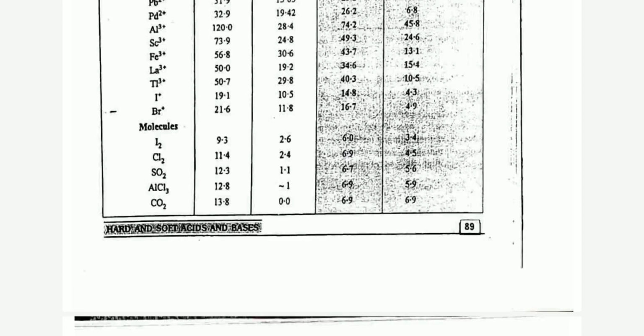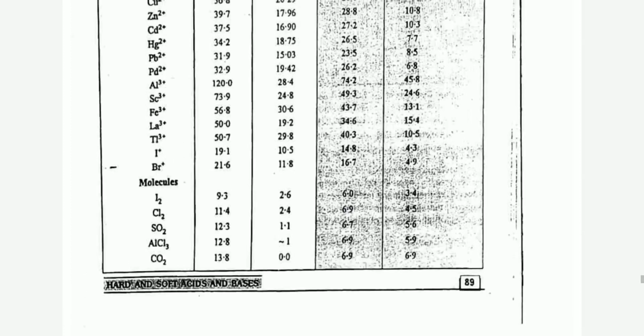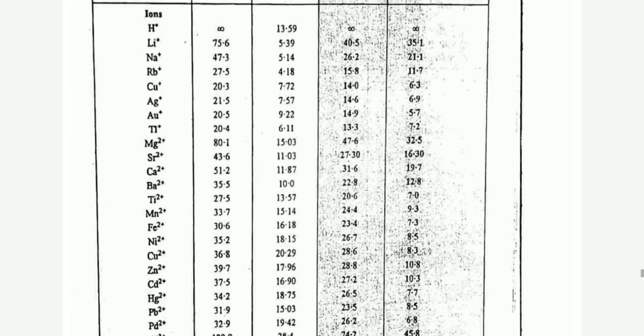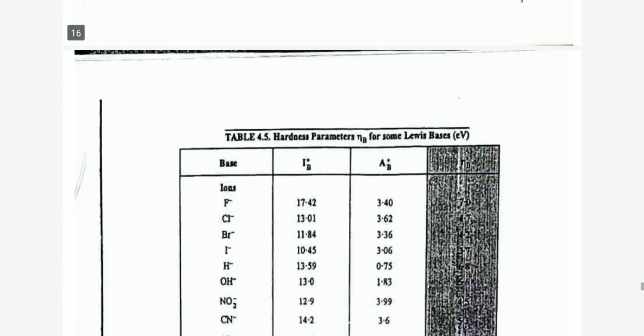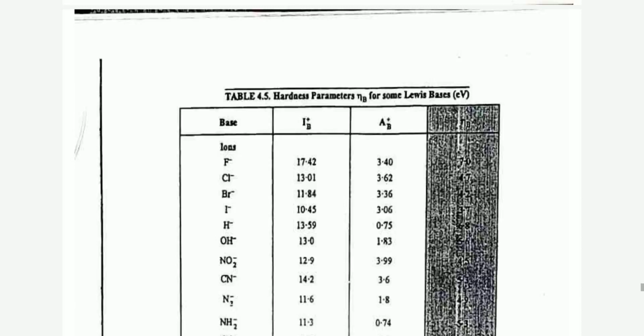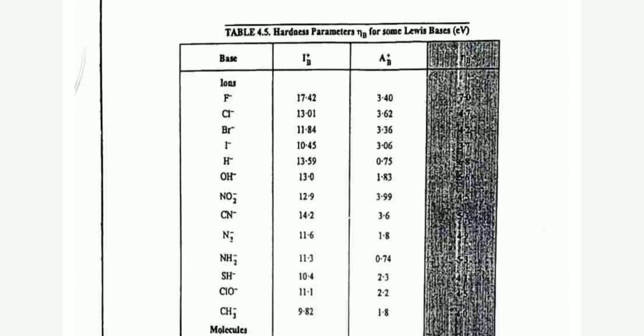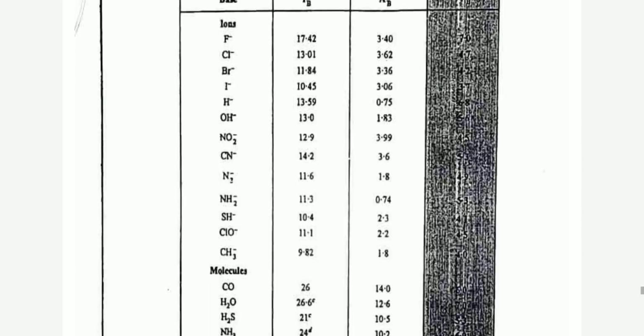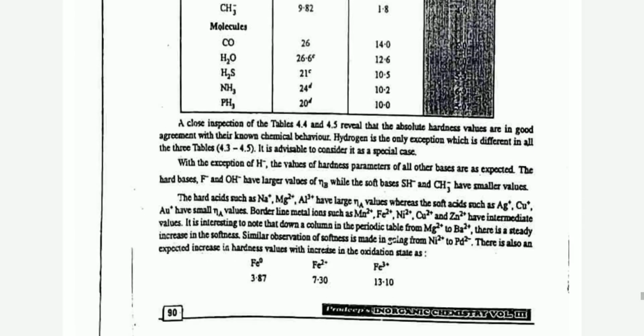For molecules, I2: 9.3, I A 2.6, psi 6.0, and 3.4 eta A, and so on. Hardness parameters eta B for some Lewis bases in electron volt are given below in the table.